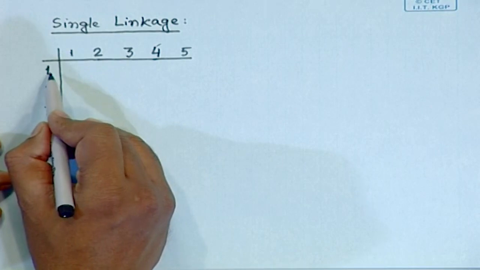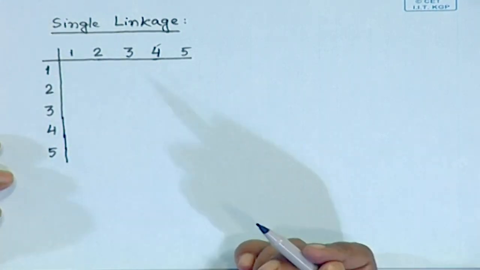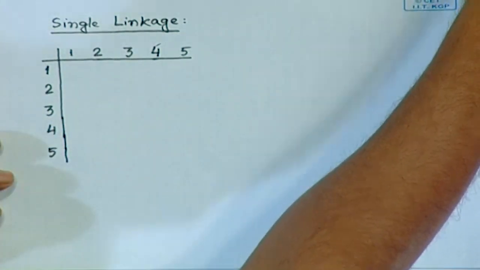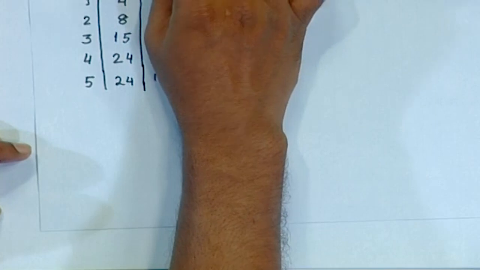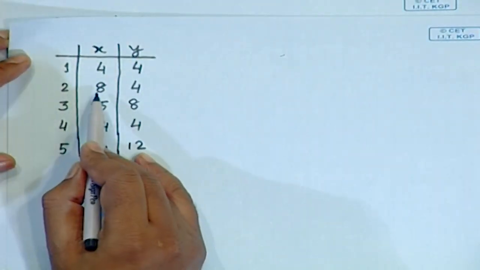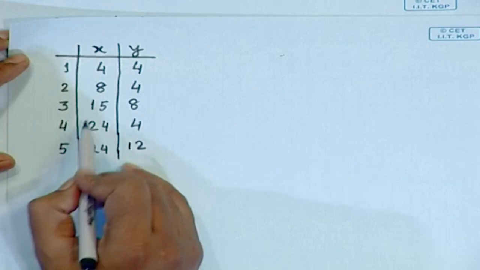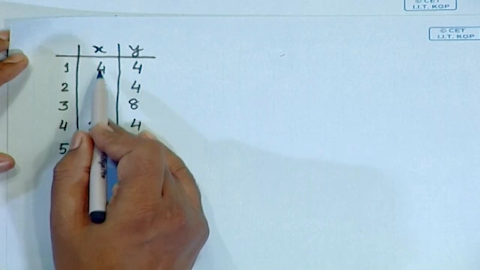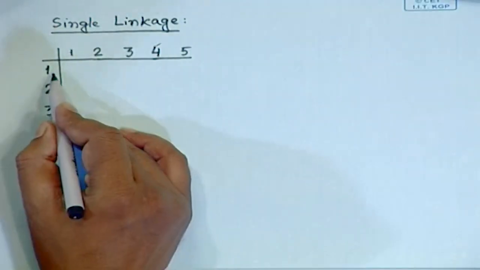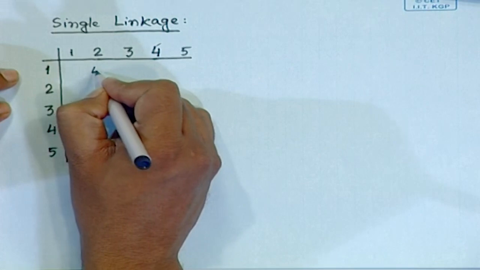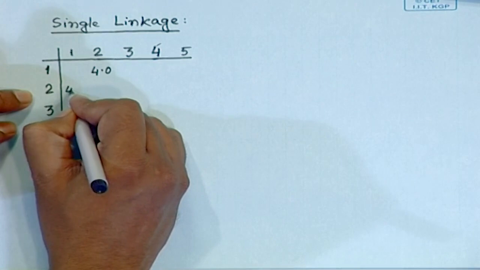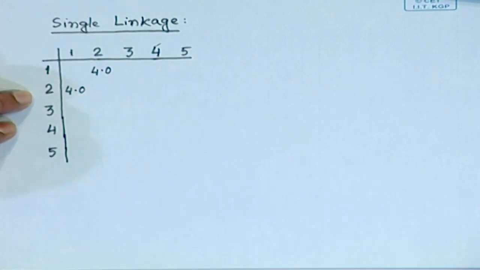Naturally the distance between 1 and 1 is 0 because it is the same point. Now the distance between 1 and 2. The first feature vector is 4 4 and the second is 8 4, so the distance between them is obviously 4.0. So the distance for 1 2 is 4.0 and obviously 2 1 will also be 4.0, because this distance function is symmetric.